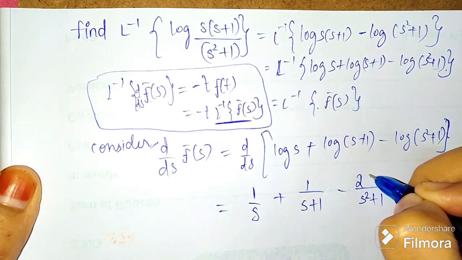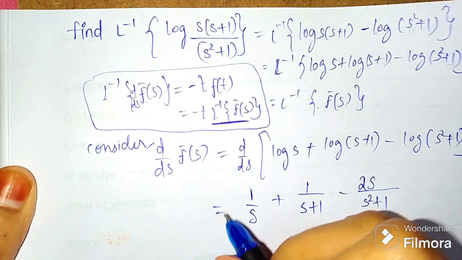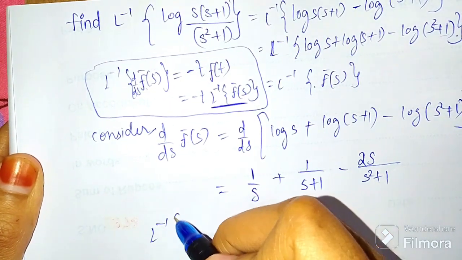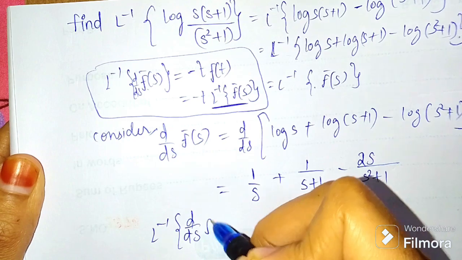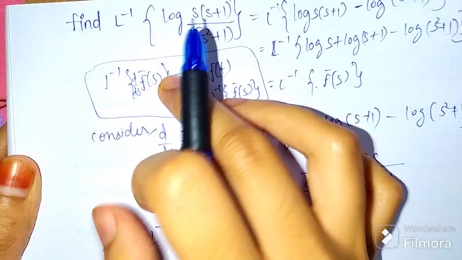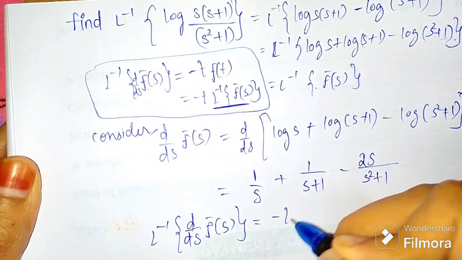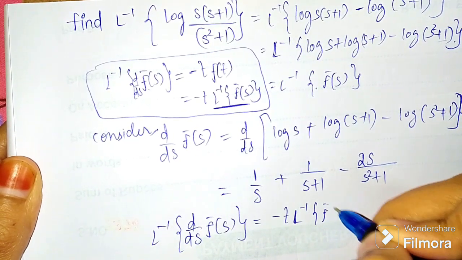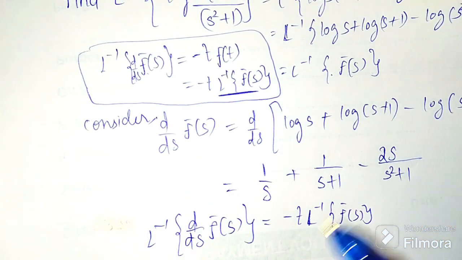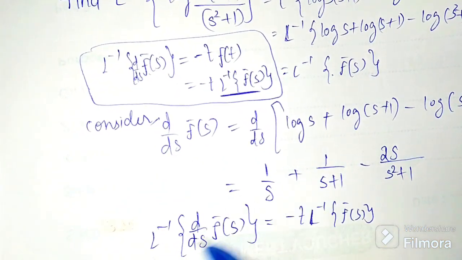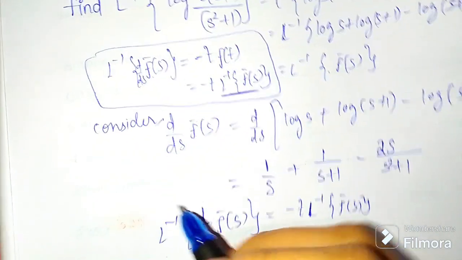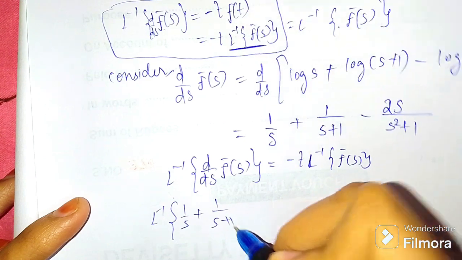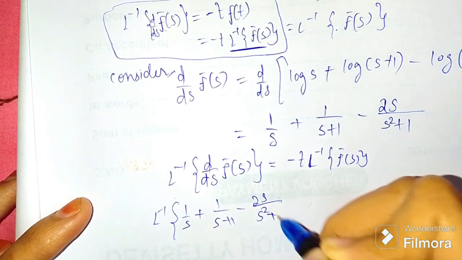So this will be 2s. For s square the inner derivative is 2s. Okay. So next we should write Laplace inverse of the derivative of this. That is what I have to write. It is equal to minus t, directly I'm writing minus t Laplace inverse of f bar of this. So what is this? Laplace inverse of 1 by s plus 1 by s plus 1 minus 2s by s square plus 1.